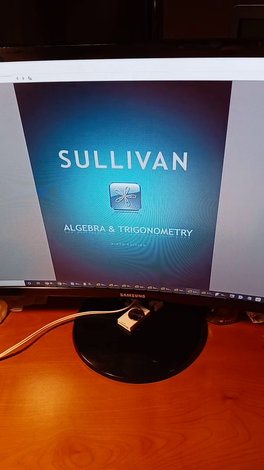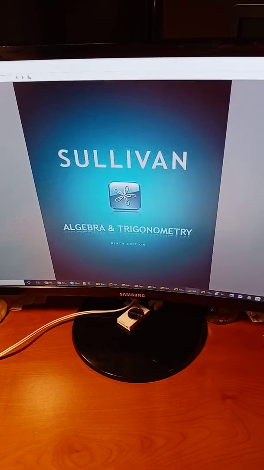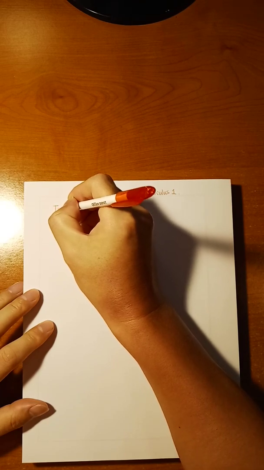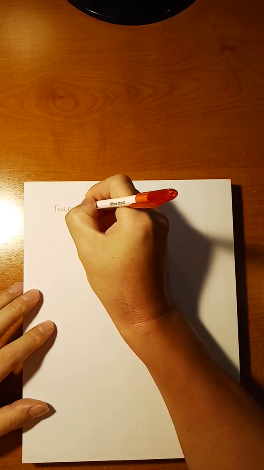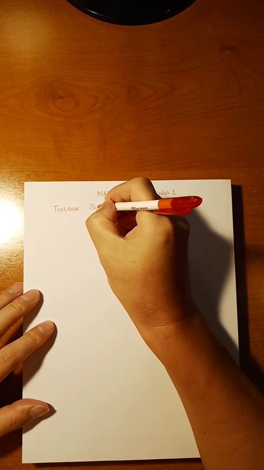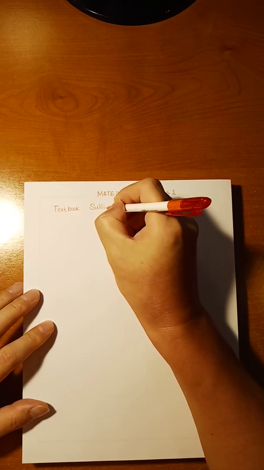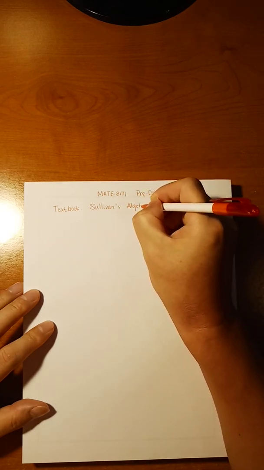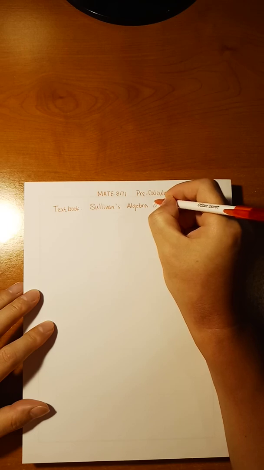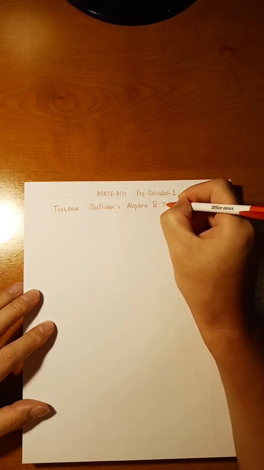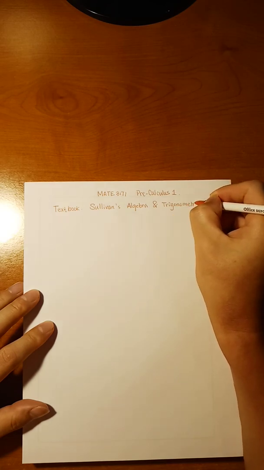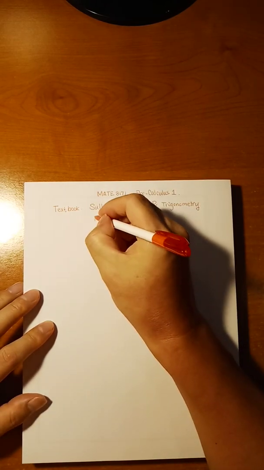You can find this textbook online. There's an electronic PDF file.